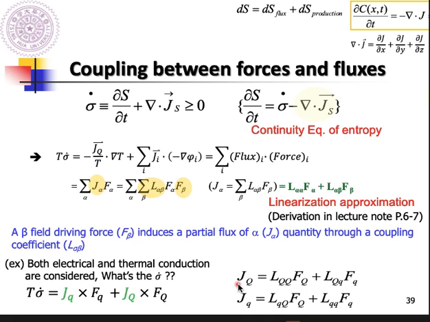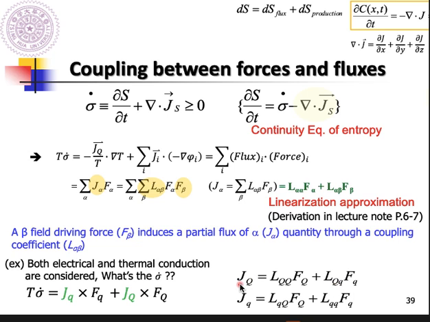Because this is a flux directly driven by F capital Q, this is a direct coefficient, L capital Q capital Q. And we also have the electrical field F small q existing in the system, and this coupling coefficient is L capital Q small q, because the driving force is small q and it contributes to the heat flux.